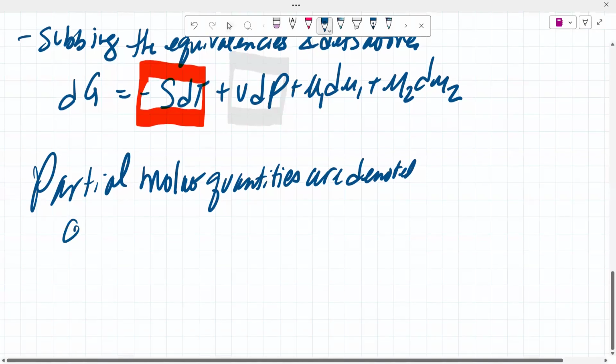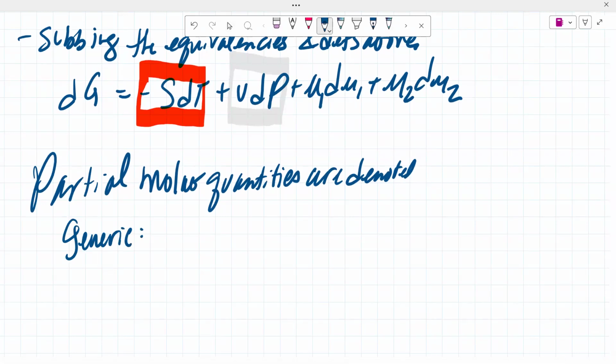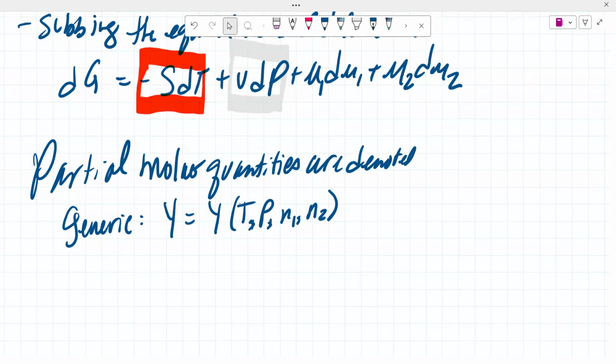This is the generic, equals of T, P and N1 and N2.